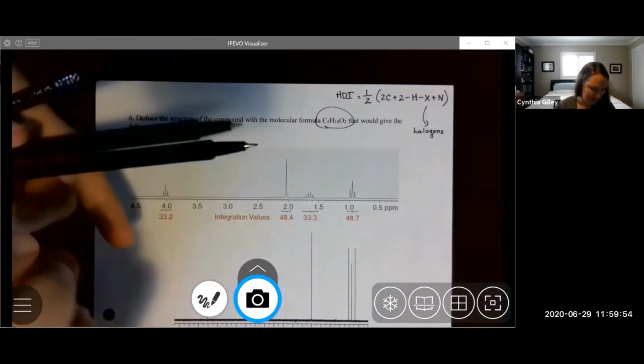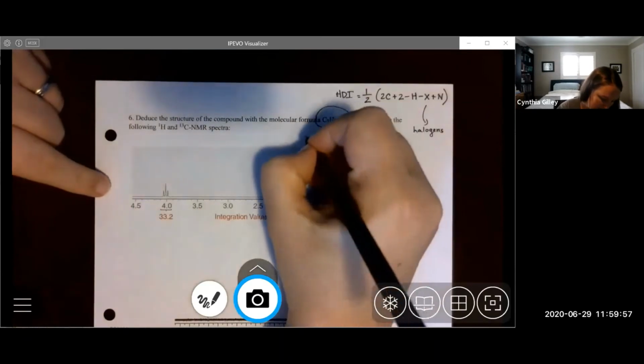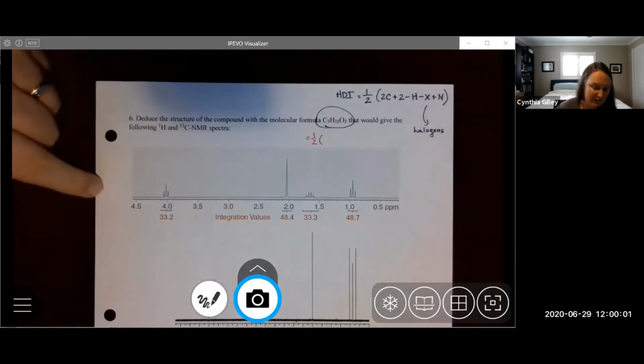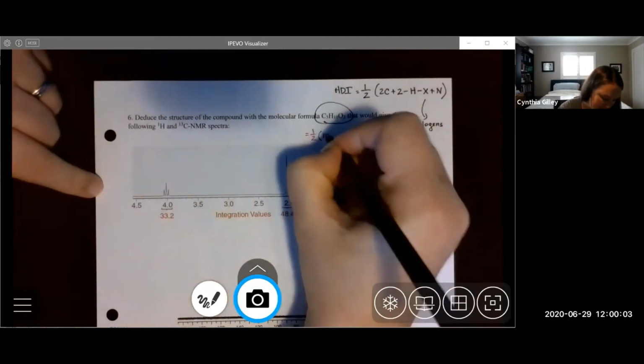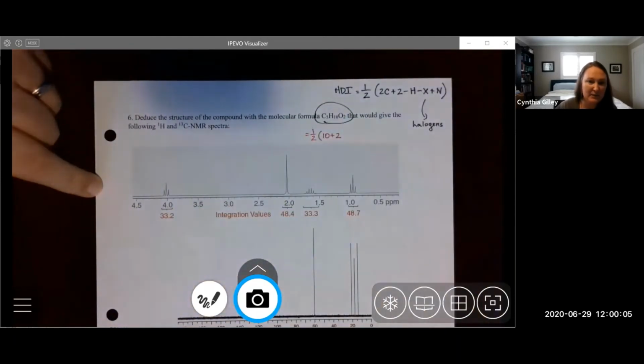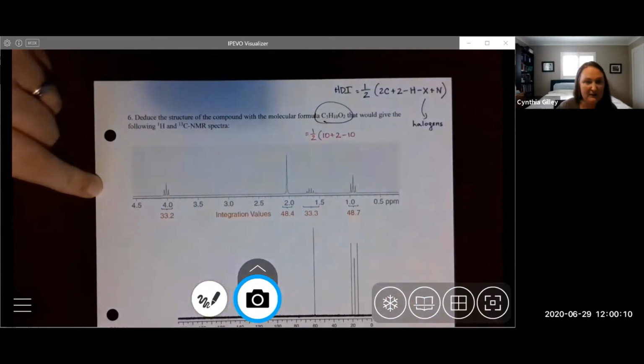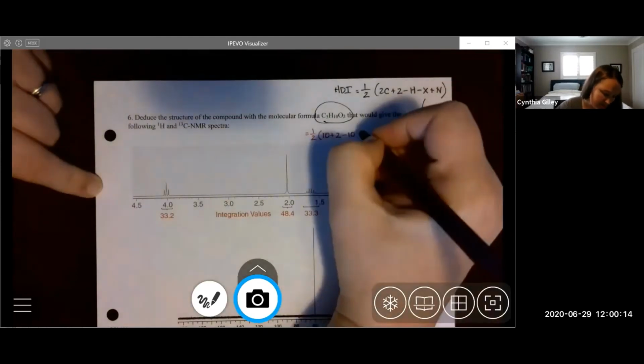So for this particular formula, we would get 1/2 times 2 times the number of carbons, there's 5 carbons, so 10, plus 2, minus the number of hydrogens, minus 10. I don't have any halogens, I don't have any nitrogen, oxygens don't matter.